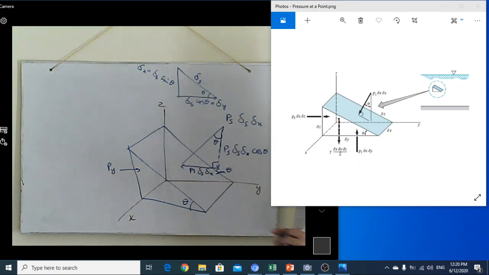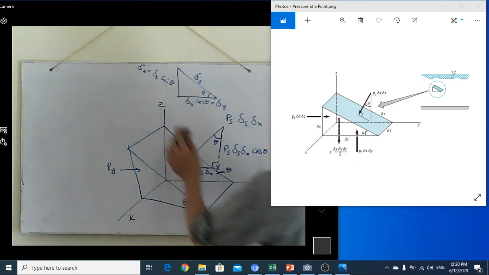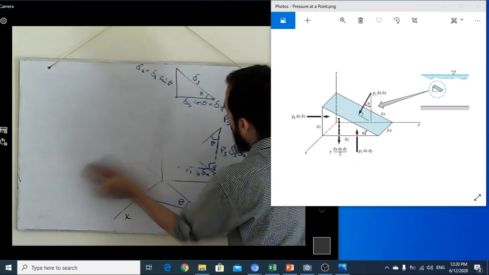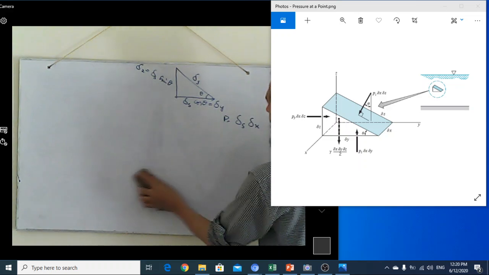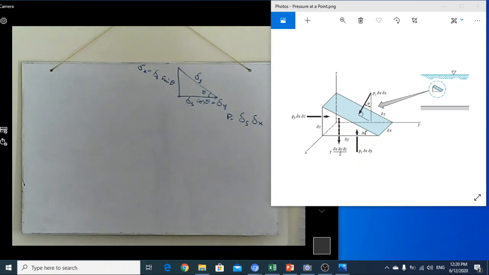So both these things will be utilized in this derivation. The figure is in front of you, so there is no need to redraw it. I just want to derive the equation.